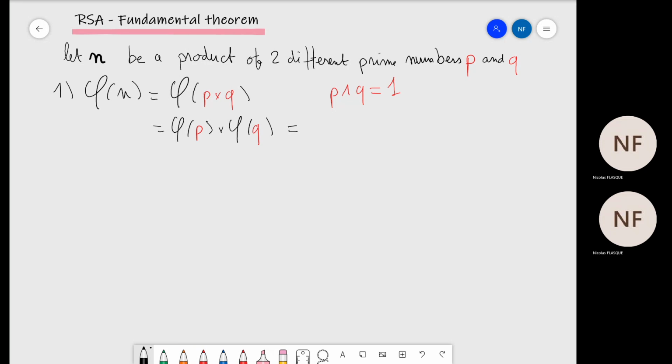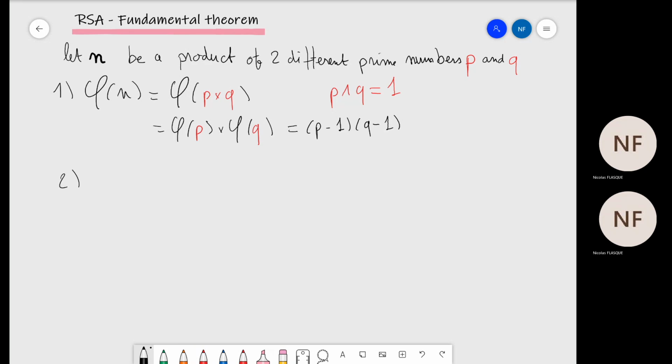And also, as p and q are prime numbers, phi of p is p minus 1 and phi of q is q minus 1. So that's quite easy once we know which numbers p and q are used to calculate n to get phi of n. Phi of n is p minus 1 times q minus 1.